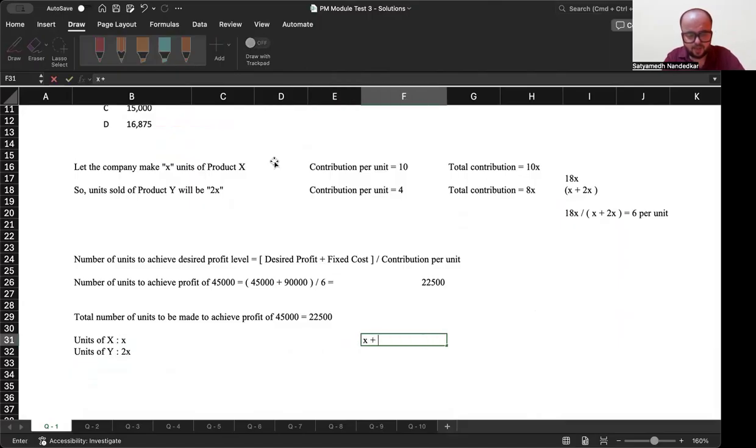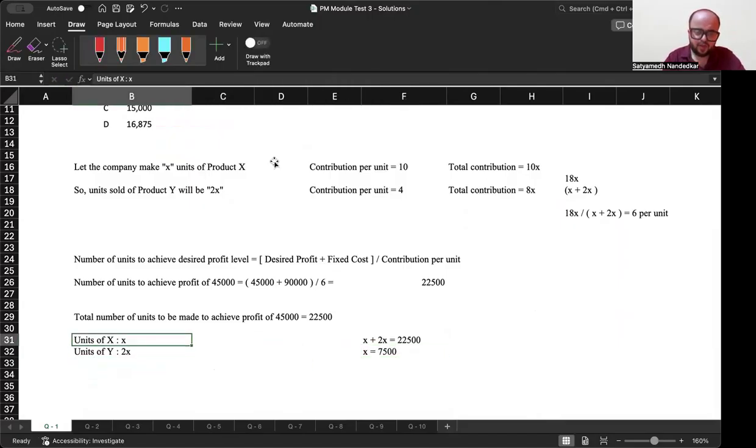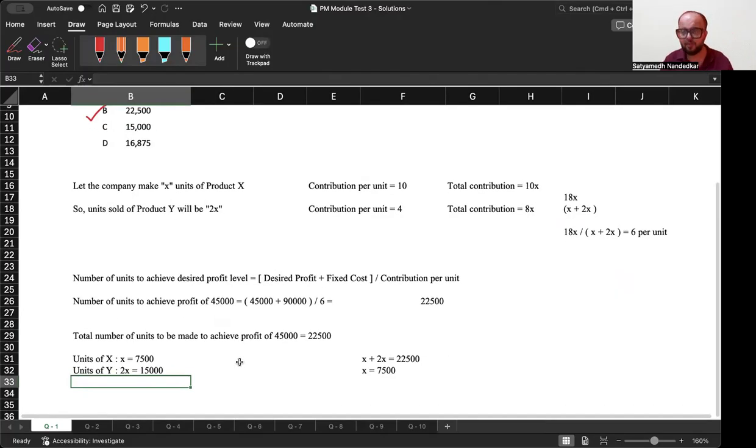So X will be equal to 22,500 upon 3, which is 7,500. So units of X, if somebody asks you, that would be 7,500. Units of Y would be 15,000. They haven't asked this in the question, but I've just given you an additional point, so that if they do end up asking this in the exam, you know exactly which way you have to go.